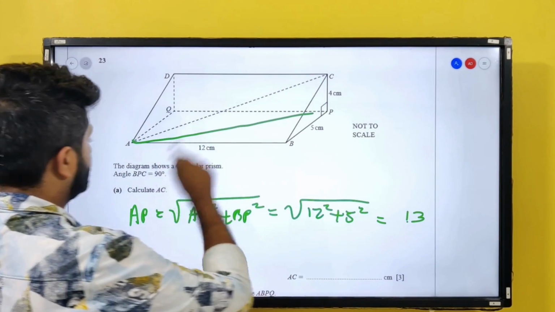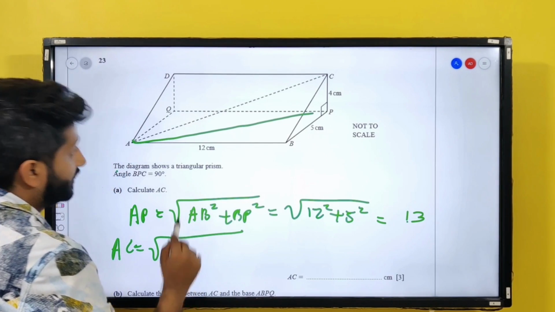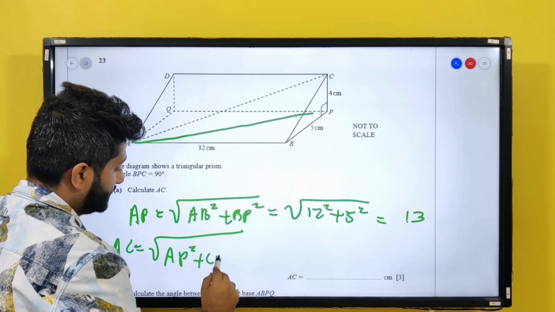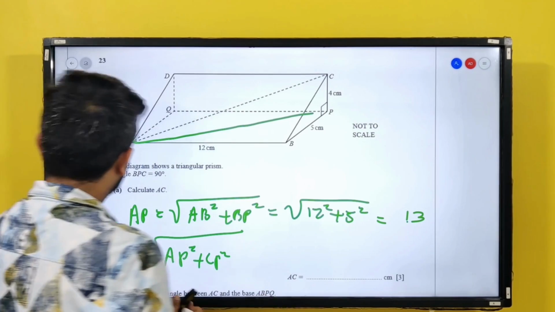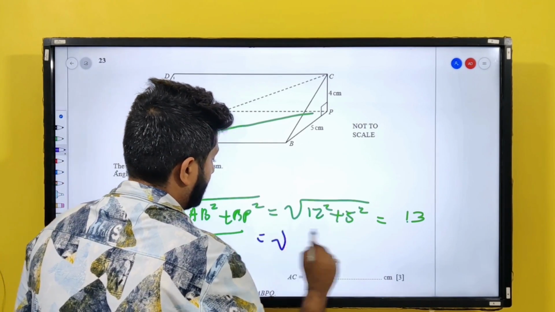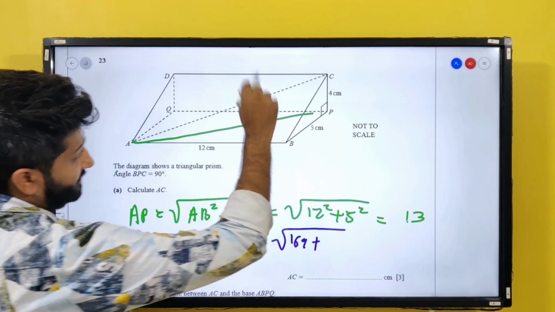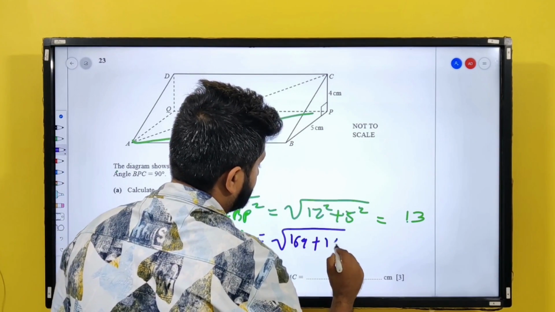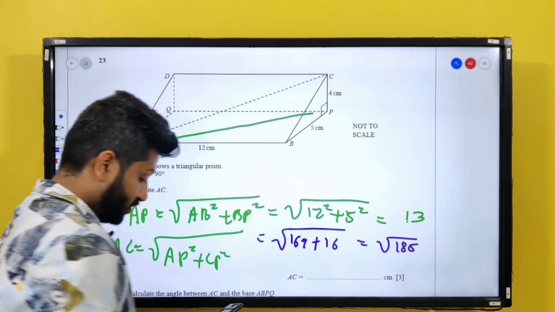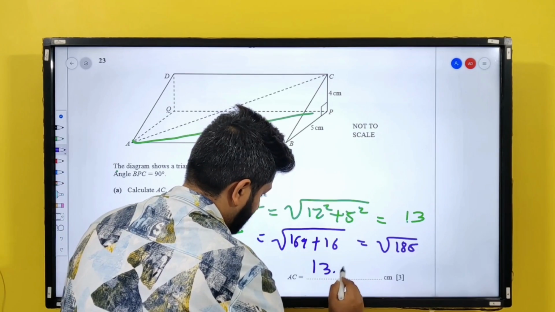So now your AC is going to be the square root of AP square plus CP square, which is the square root of 13 square, which is 169, plus PC square, 4 square, which is 16. So 169 plus 16 is 185. Root 185 is 13.6.